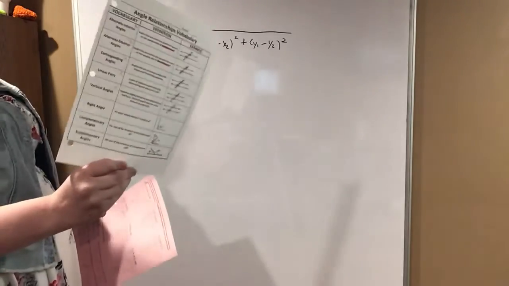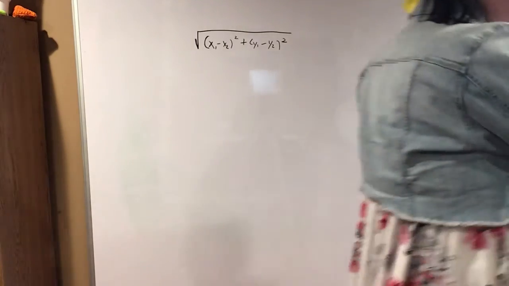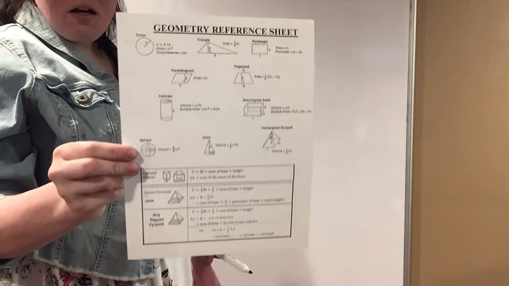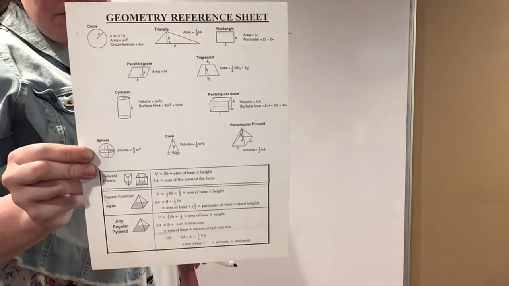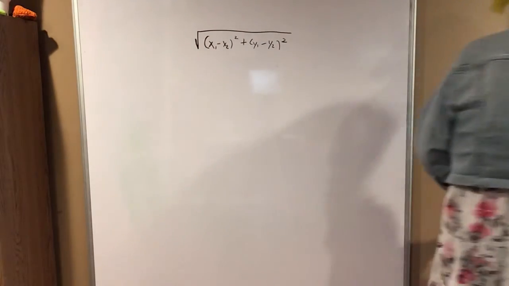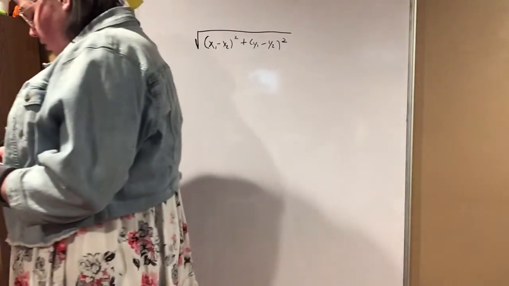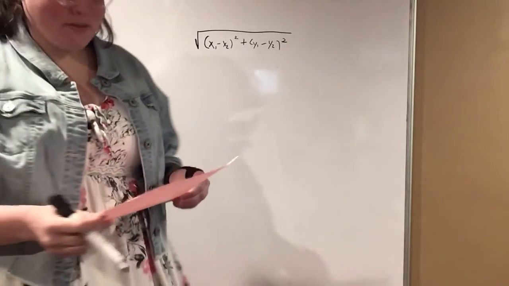I even have a geometry one for when we get into the further geometry stuff. It gives you the formulas and how to do it. I need to figure out a way to get these to you guys, because that just makes everything easier. So that's the distance formula and Pythagorean theorem.